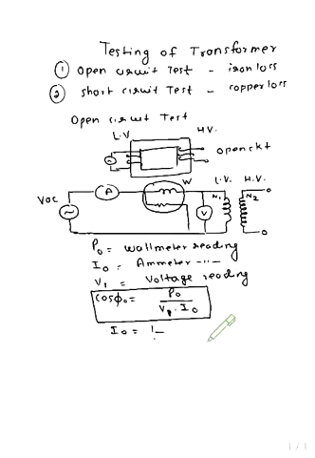So we know that the magnetizing component Im is equal to I0 sin phi 0 and Ic is equal to I0 cos phi 0. So from these components we can find I0, and I0 is equal to the square root of Im squared plus Ic squared.